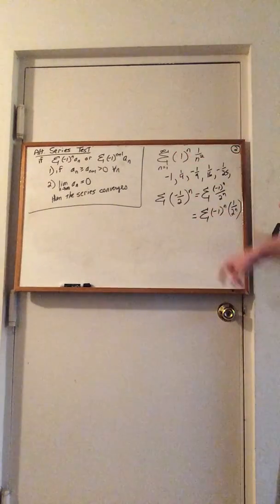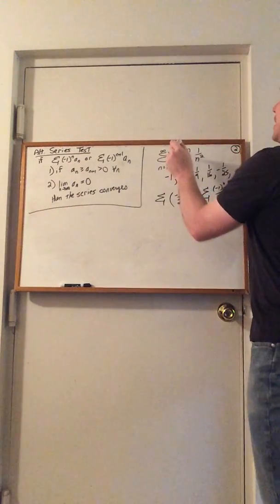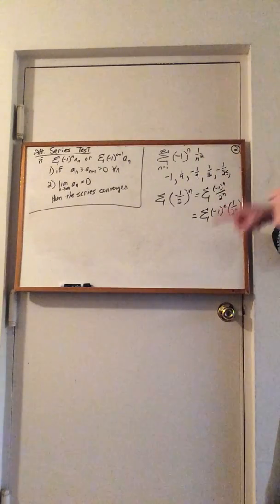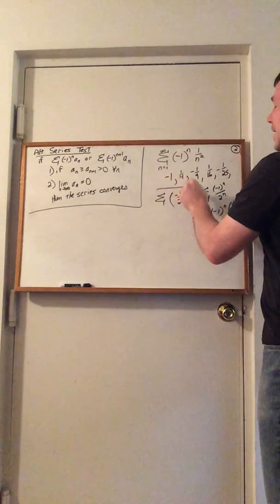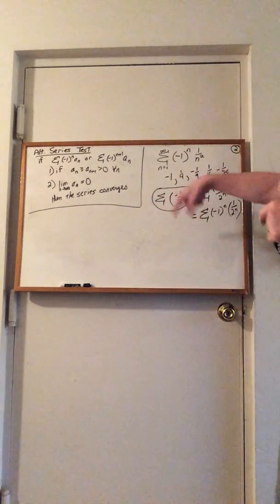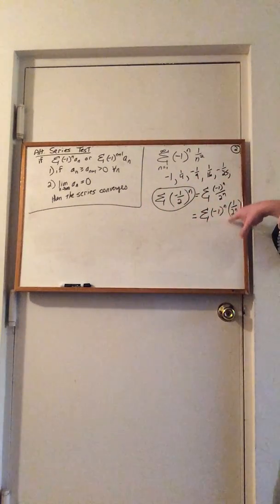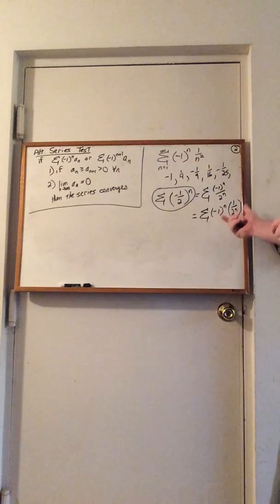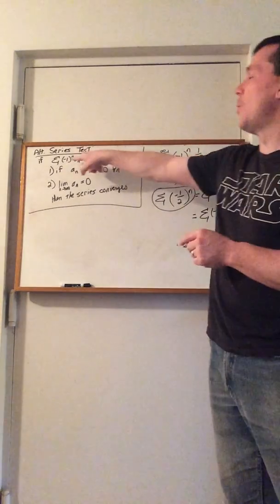Now that's in the same form as this one, and this is kind of how we write out our alternating series. Sometimes you will have series written like this, where you'll have to manipulate them to get them into this form, because when we get to the test, they have to be in this form where the negative 1 is out in front.